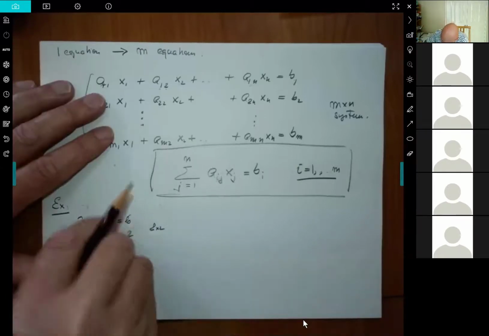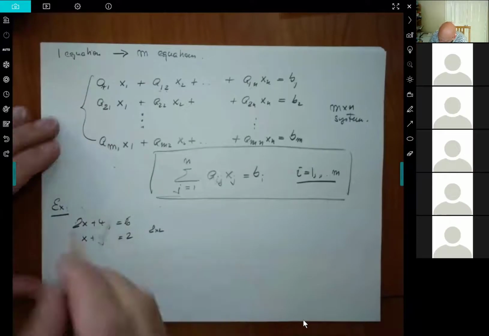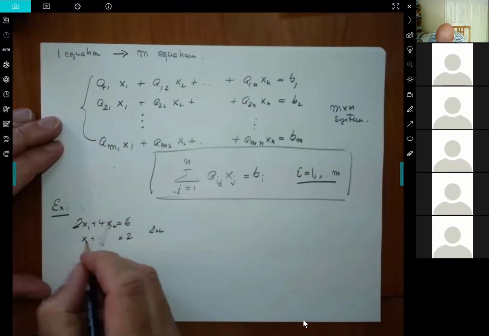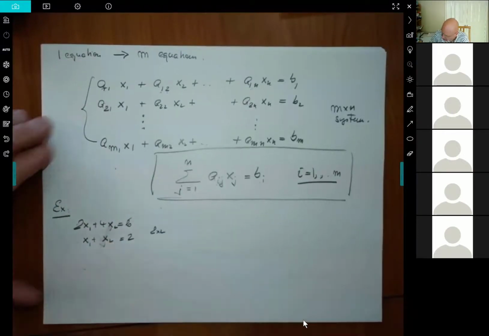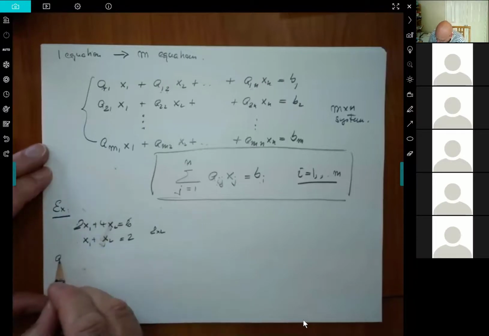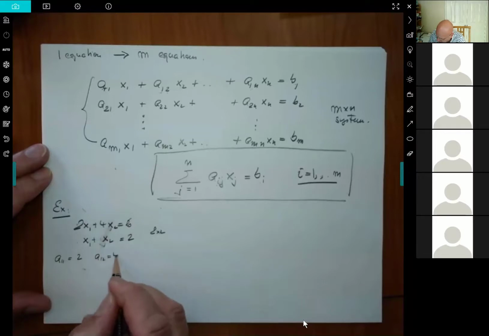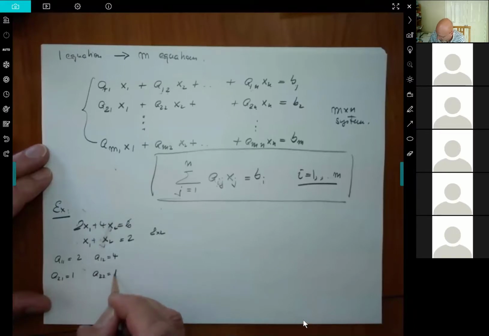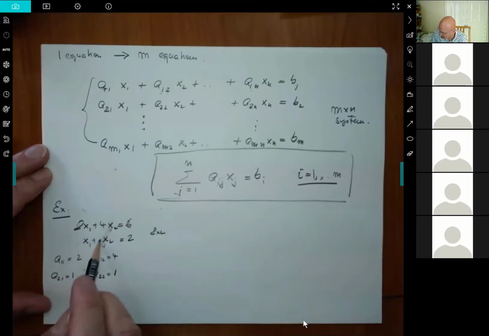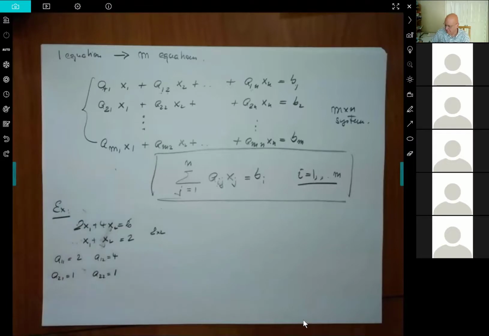And I should use my own notation: x1, x2, x1 plus x2. And so here, a11 is 2, a12 is 4, a21 is 1, and a22 is 1, because whenever there's nothing here, it means it's multiplied by 1.